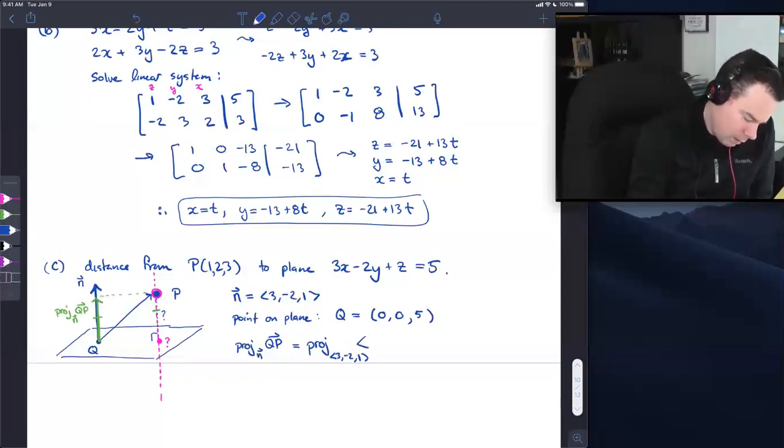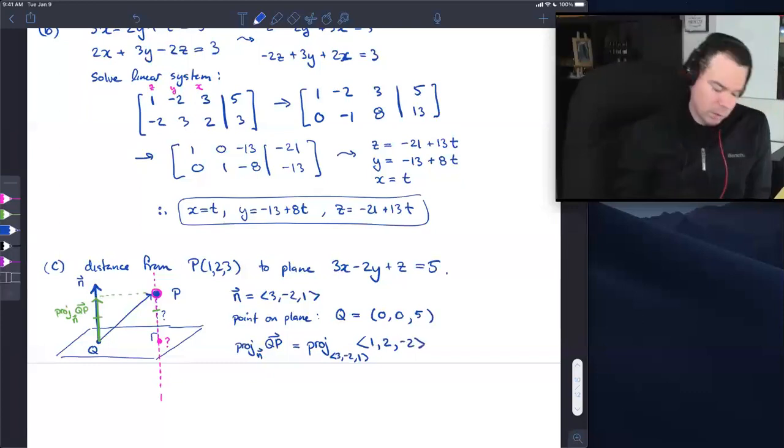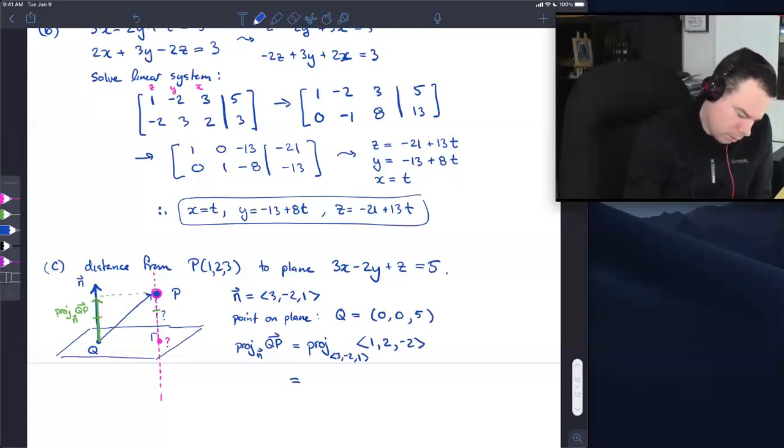So that would be P minus Q, or 1 minus 0, 2 minus 0, and 3 minus 5 is -2. So that's the vector we're projecting onto 3, -2, 1. And so in order to do the projection, we have to compute their dot product.